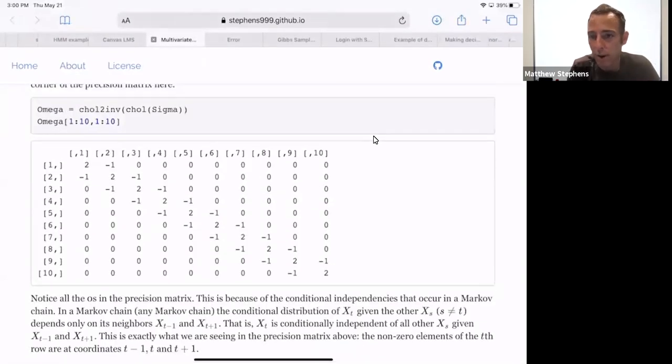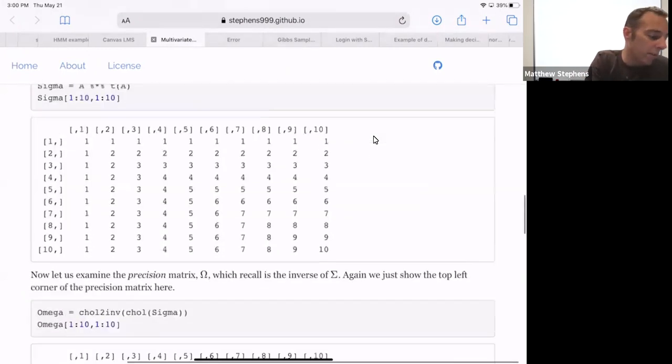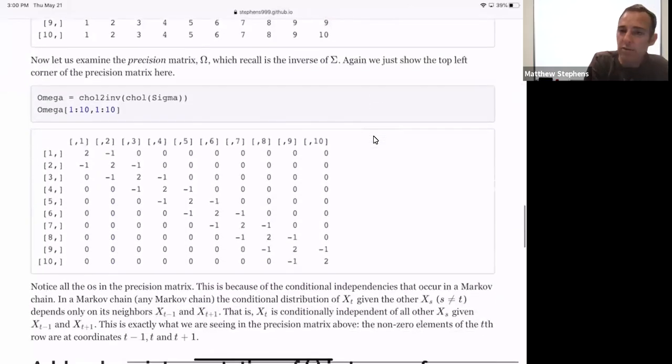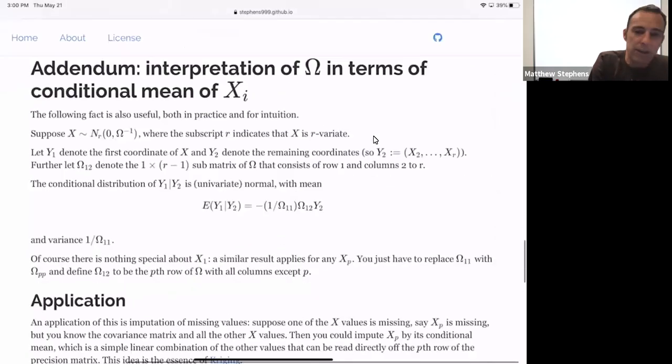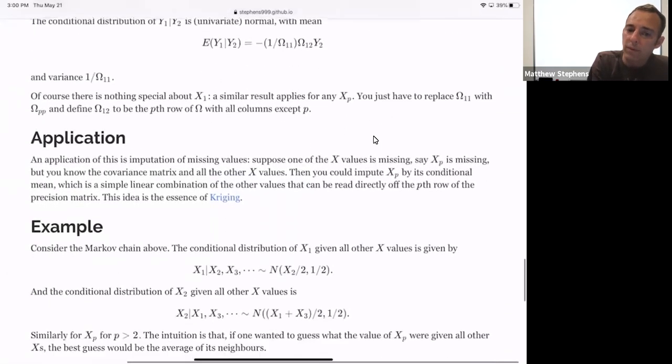If you read off the equation, it's a half x1 plus a half x3. So actually, that's a very intuitive rule, right? In general, xt, if it's not at the end, given all the others, you would predict it by the average of its neighbors. That's what this precision matrix is telling you when you apply this rule for the conditional expectation.